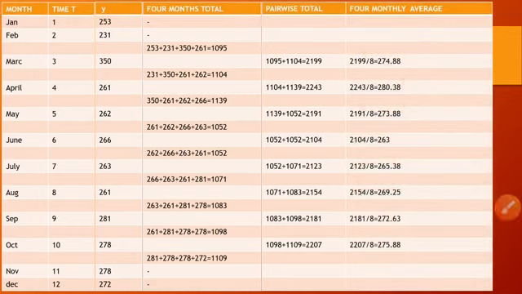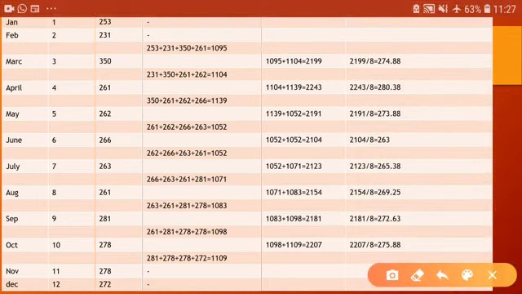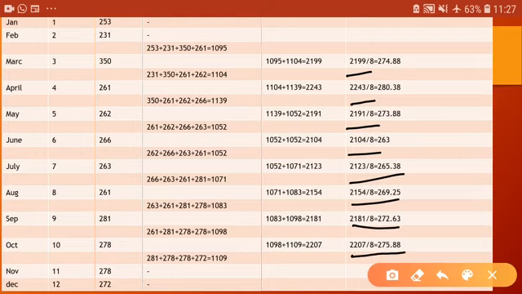Yes, so you can see that 2199 divided by 8 is 274.88, 2243 divided by 8 is 280.38, 2191 divided by 8 is 273.88, 2104 divided by 8 is 263, 2123 divided by 8 is 265.38, 2154 divided by 8 is 269.25, 2181 divided by 8 is 272.63, and 2207 divided by 8 is 275.88.